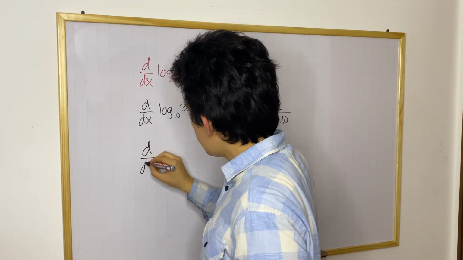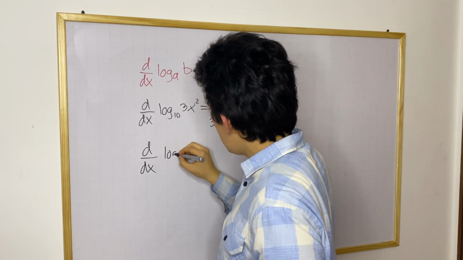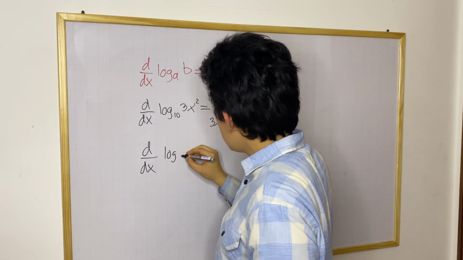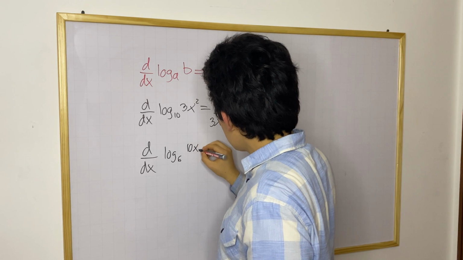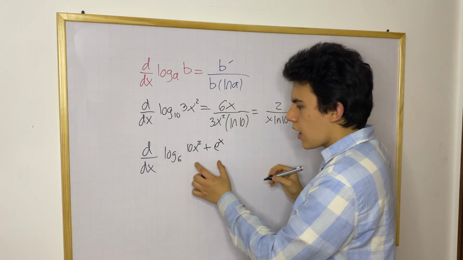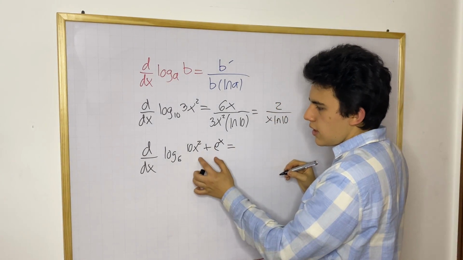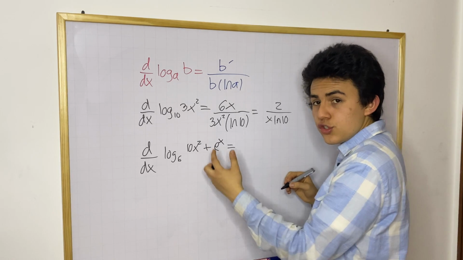What is the derivative with respect to x for the function log base, let's say 6, of 10x squared plus e to the x? Okay, how do you solve this? Now it's simple, it's the same. You just need to differentiate each term.